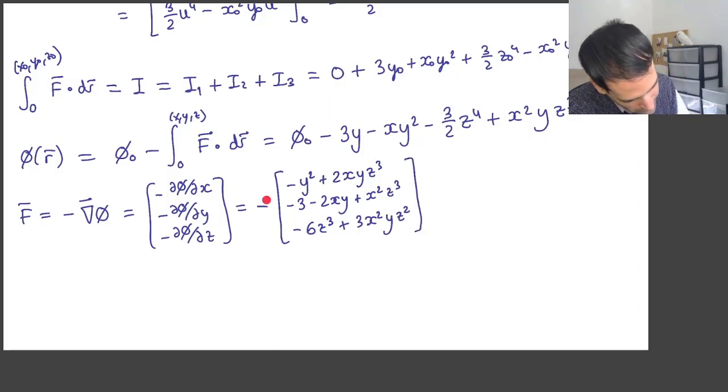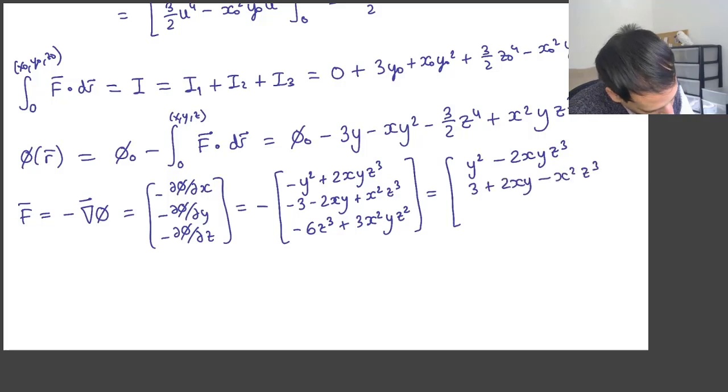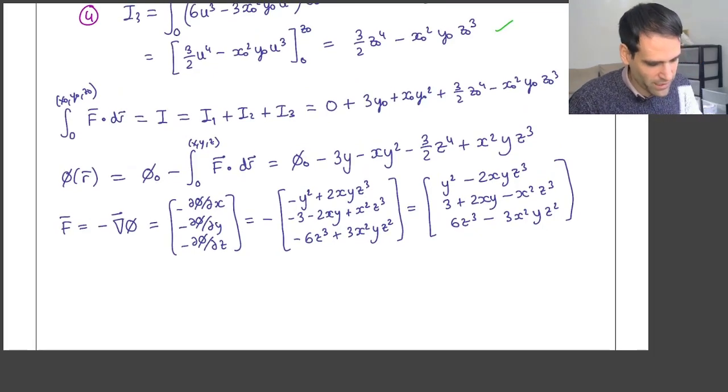And now we apply the minus sign, so we get y squared minus 2xyz cubed, 3 plus 2xy minus x squared z cubed, 6z cubed minus 3x squared y z squared. So, is this the original vector field that we started with?